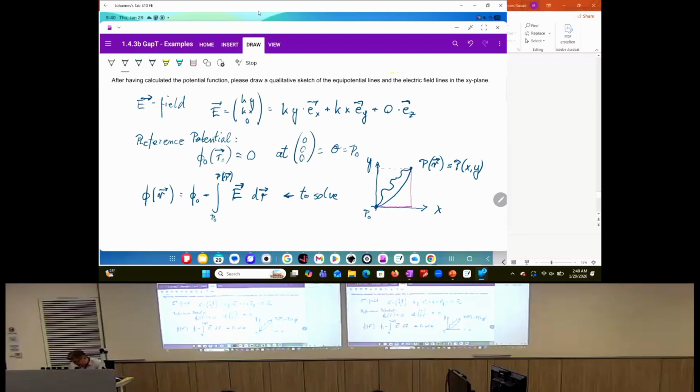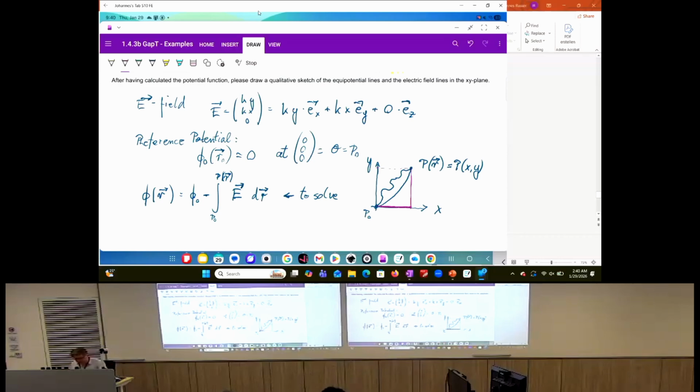And that is what I draw here in this purple color. We first move along the x-axis, and once we have reached the x value that corresponds to the point we want to integrate to, then we only move in y direction.